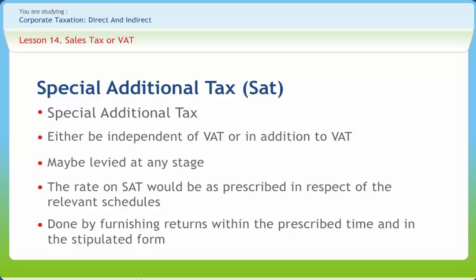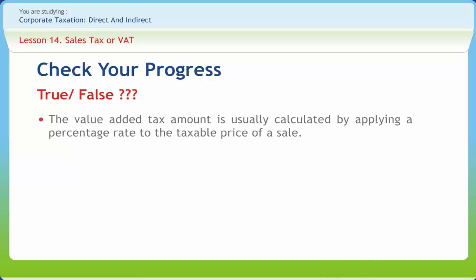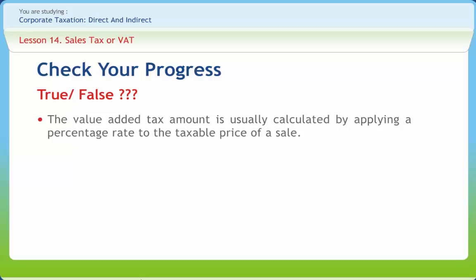This is done by furnishing returns within the prescribed time and in the stipulated form. Now let us check if we have understood the various concepts discussed in this lesson clearly. The value-added tax amount is usually calculated by applying a percentage rate to the taxable price of a sale. Right or wrong? Wrong.